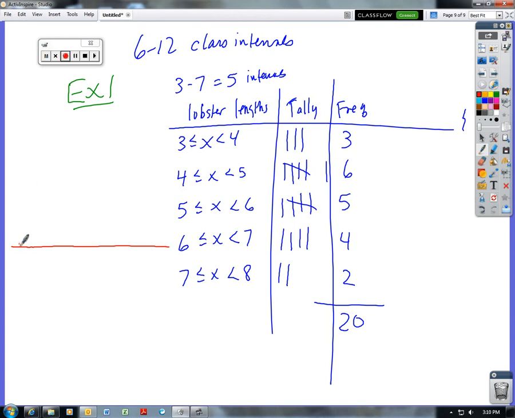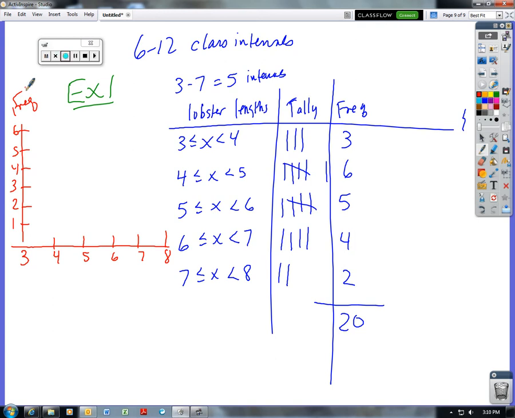Because this is continuous, it's going to be a histogram. You can go 3, 4, 5, 6, 7, 8. The bars are going to run in between these. The highest frequency I have is 6: 1, 2, 3, 4, 5, 6. And then label frequency here.